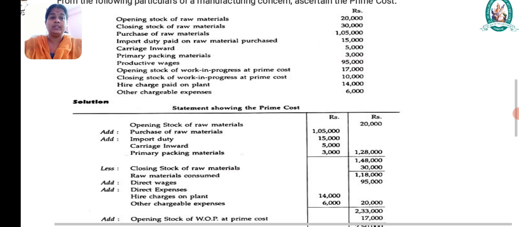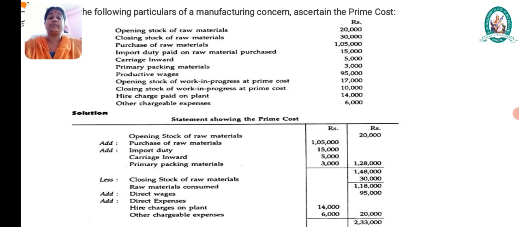See, opening stock of raw material is 20,000, closing stock of raw material is 30,000, purchase of raw material is 1,05,000, import duty paid on raw material purchased is 15,000, carriage inwards 5,000, primary packing materials 3,000, direct wages 95,000, opening stock of work in progress at prime cost is 17,000, closing stock of work in progress at prime cost is 10,000, hire charges paid on plant is 14,000, other chargeable expenses is 6,000.